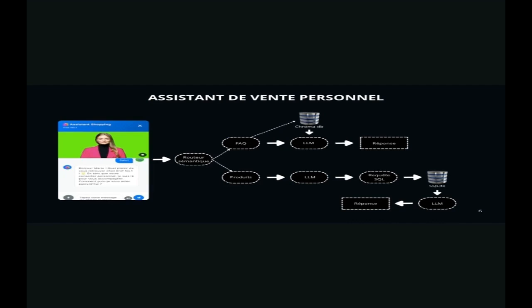ChromaDB finds similar questions using semantic search, retrieves the answer stored in the metadata, and passes it to the LLM, which generates a natural and personalized response. And if it's a product request, the process is different. The LLM transforms the question expressed in natural language into a precise SQL query. This query is executed on our SQLite database, and the results are reformatted by the LLM in natural language.